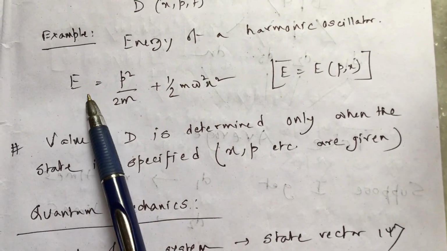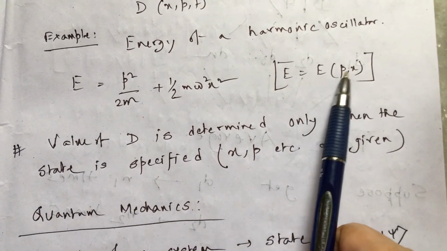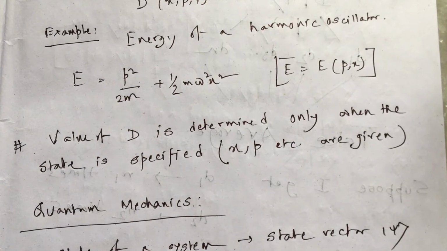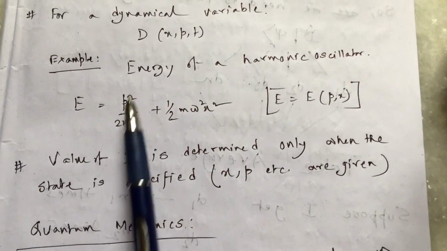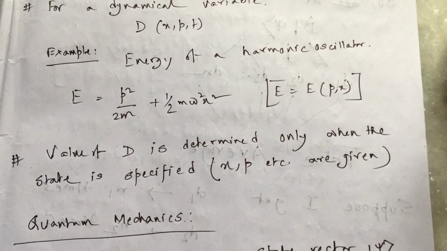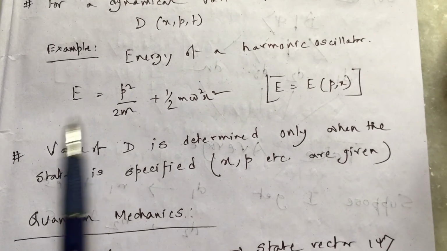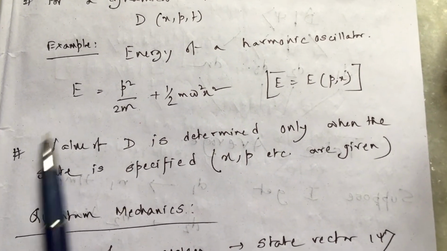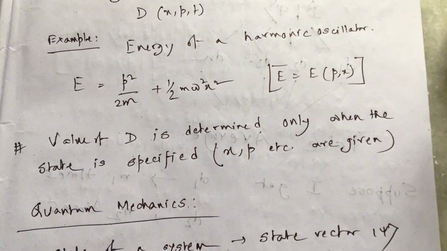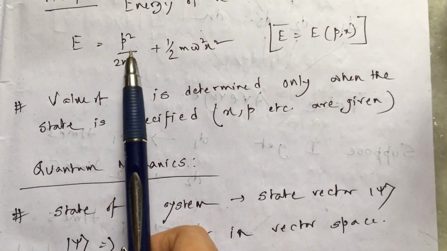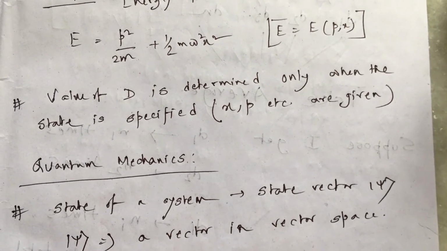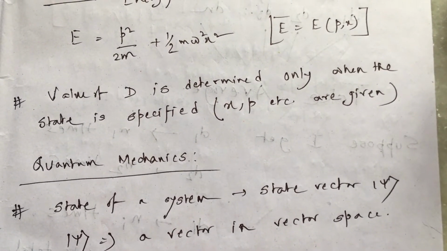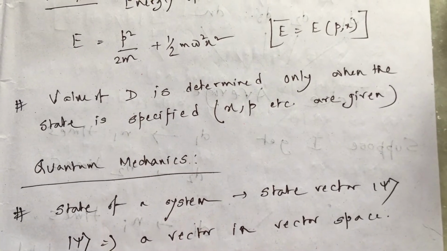Then here energy is dependent on two dynamical variables, position and momentum. If we want to find out what the energy is, then we need to first specify the values of momentum and position. Only then will we be able to tell the value of energy.